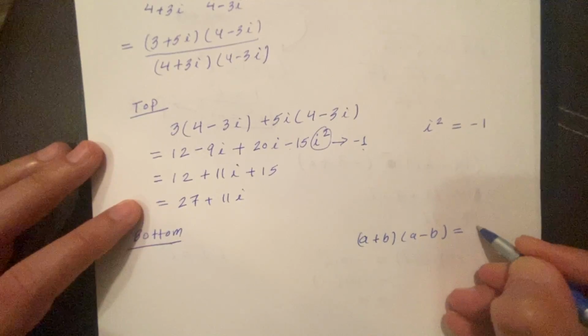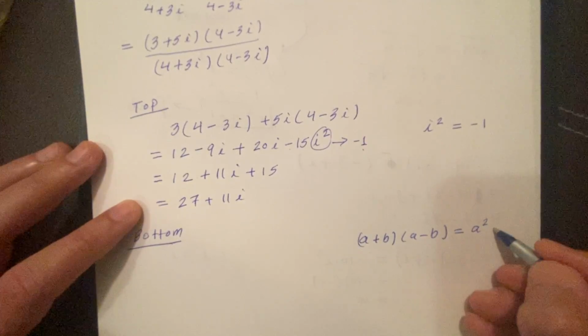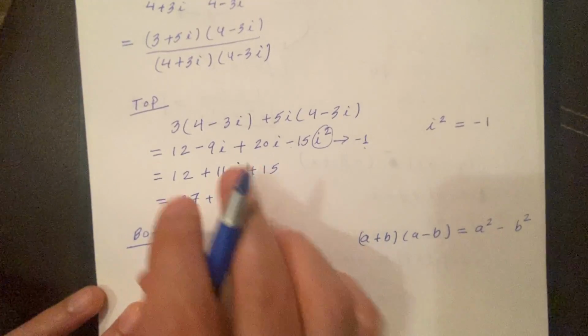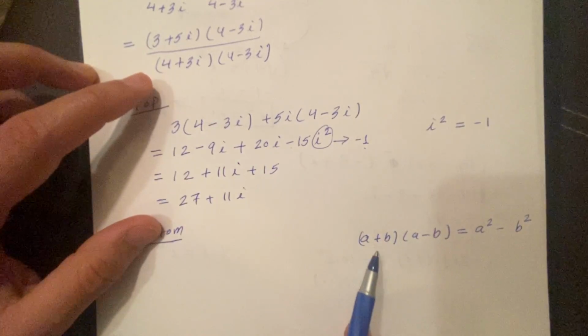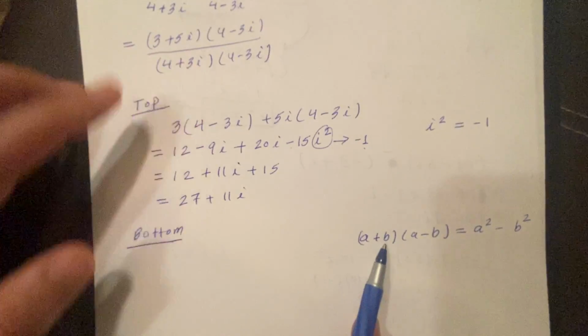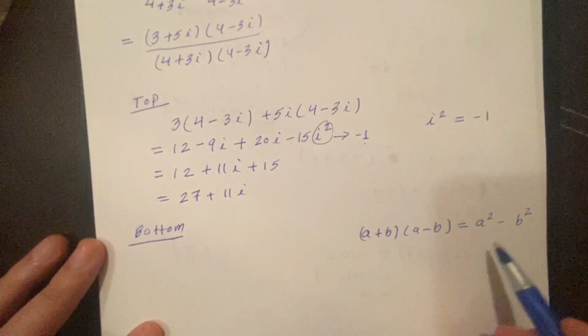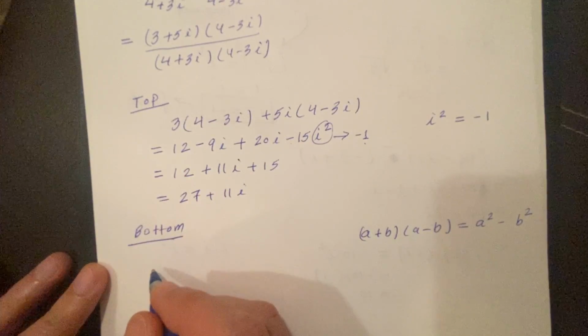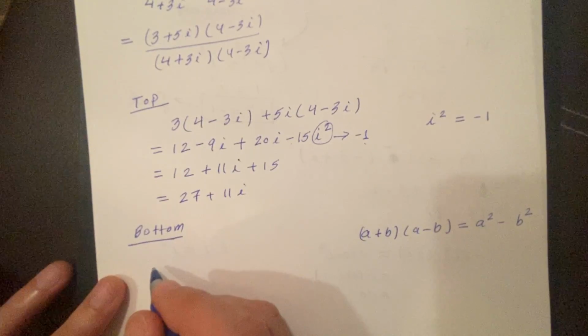This is a square minus b square, right? This is a formula. So when you compare these two, a is 4, b is 3i, right? So now using this fact for the denominator, we can say a square minus b square.